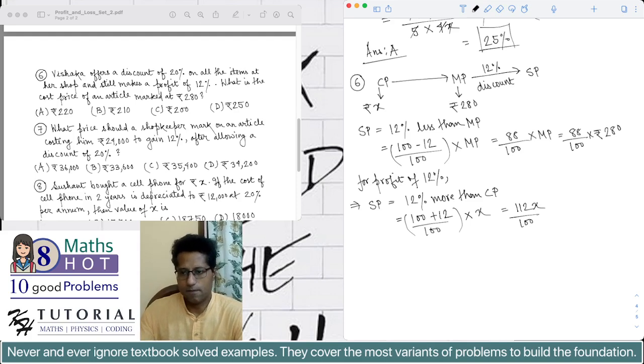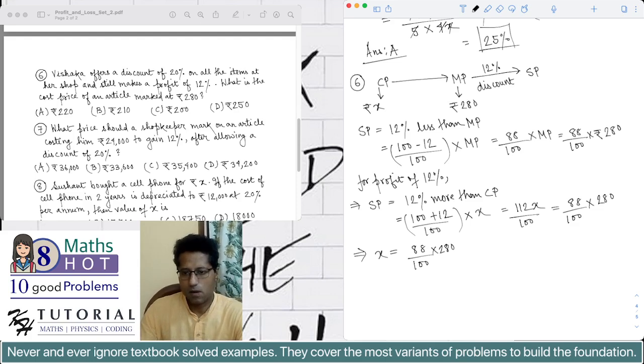Now this SP must be equal to the SP that we have already calculated, that is 88 by 100 multiplied by 280. So from here we can solve for x. x will be equal to 88 by 100 multiplied by 280 multiplied by 100 divided by 112. 100 cancels out.